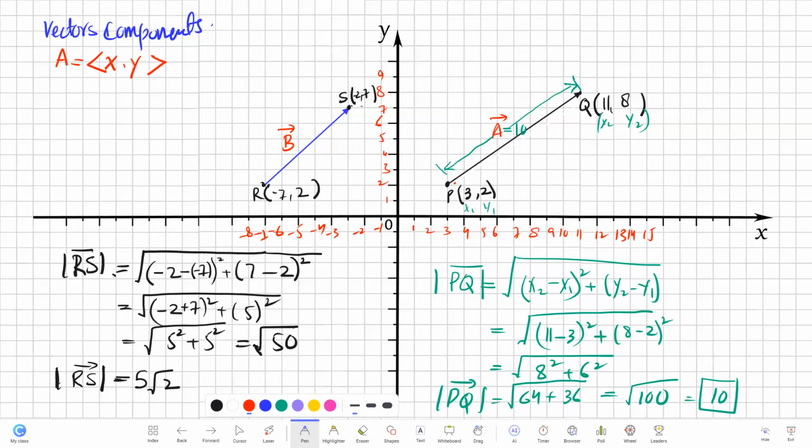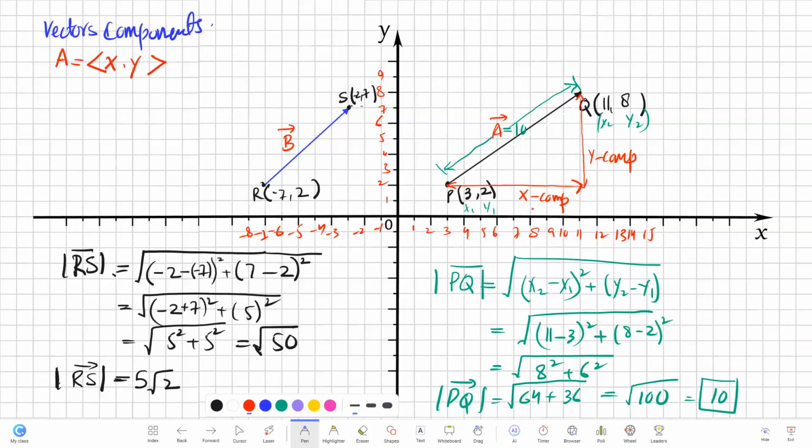So I'm going to measure the X from here to there. This is my X component, and that is my Y. X component and Y component.